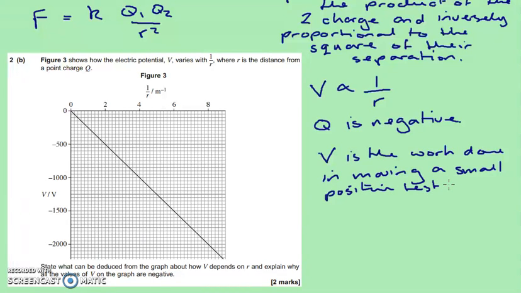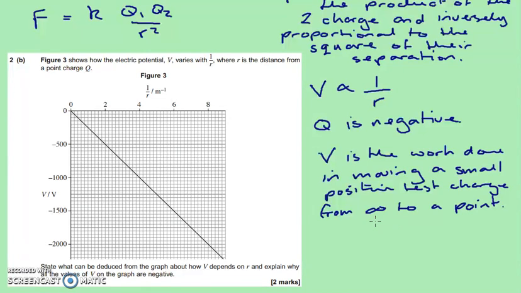It's small so that it doesn't interfere with the field that we're testing, and it's positive by convention. So electric potential is the work done in moving a small positive test charge from infinity to whatever point we're talking about.